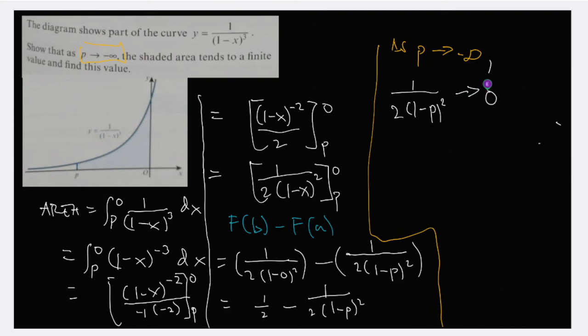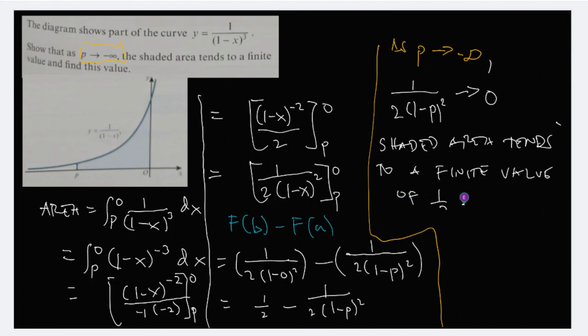So we can just write directly that the shaded area tends to a finite value of 1 over 2.